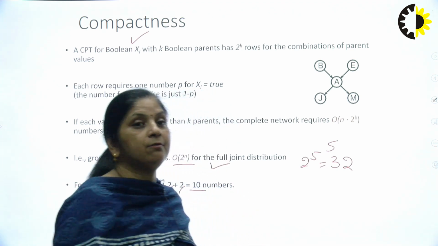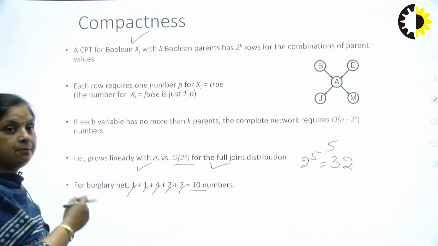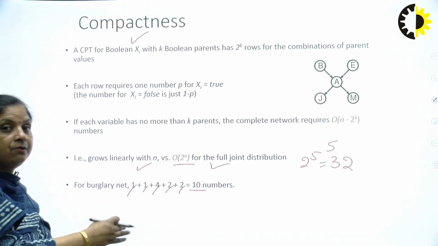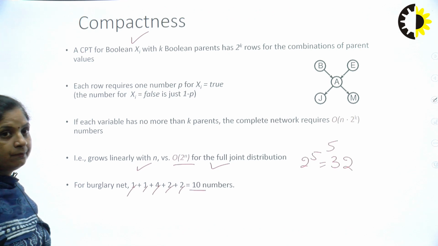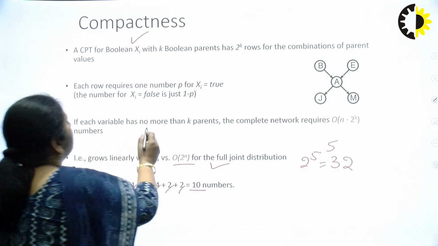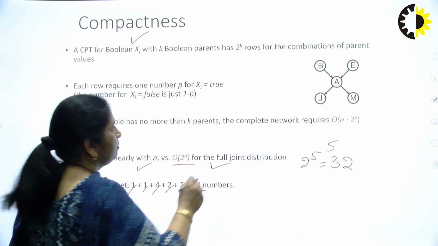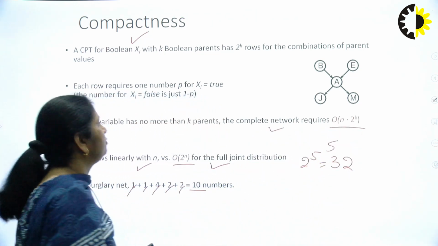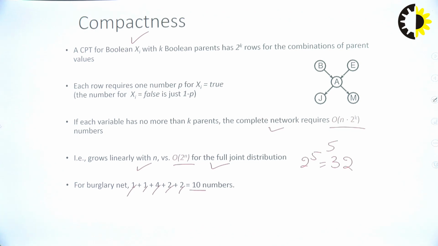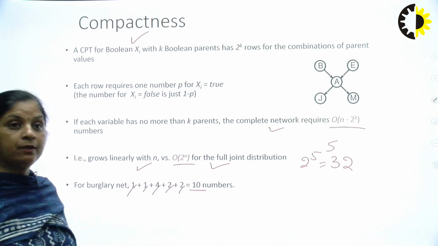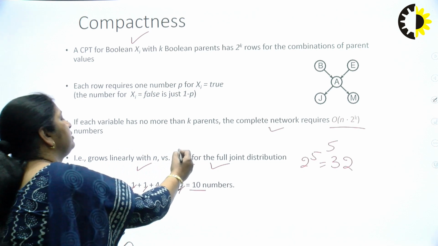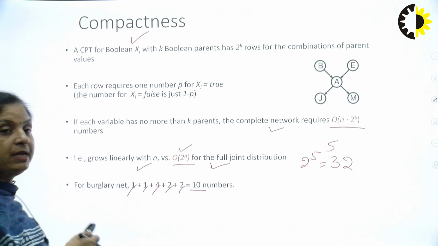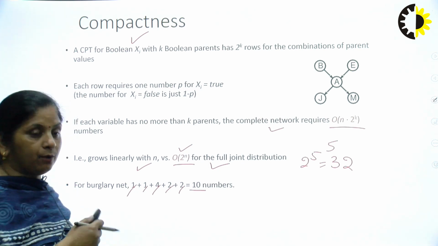The first property is its compactness: 32 entries have been replaced with only 10. If each variable has no more than k parents, then the complete network requires only order of n times 2 to the power k numbers, not more than that, while full joint distribution needs 2 to the power n numbers. So Bayesian belief network is very compact.